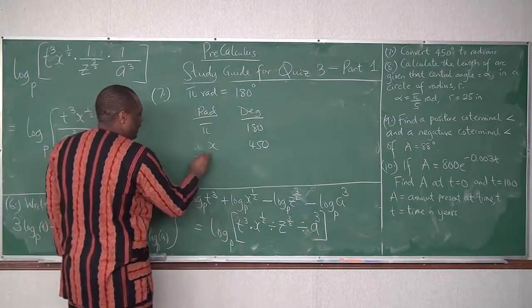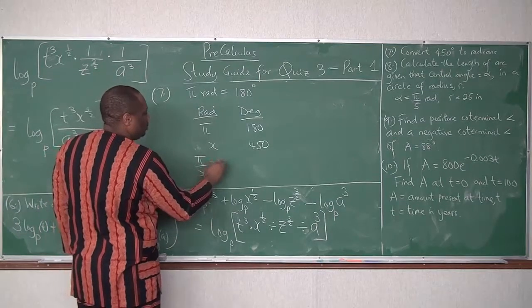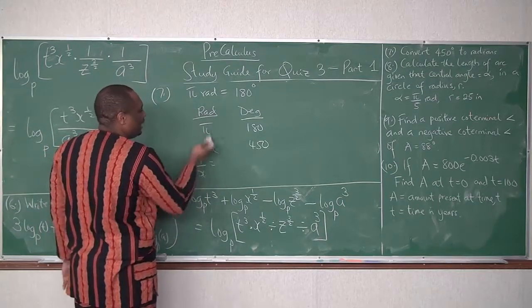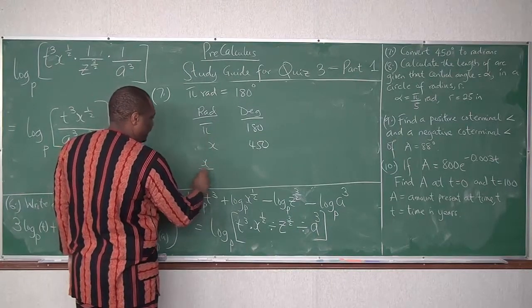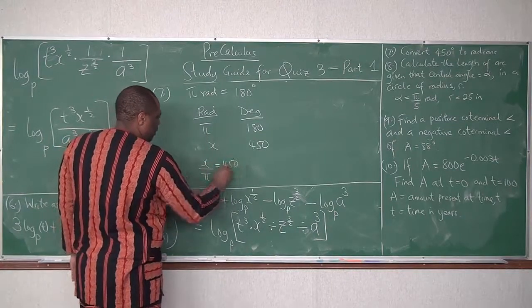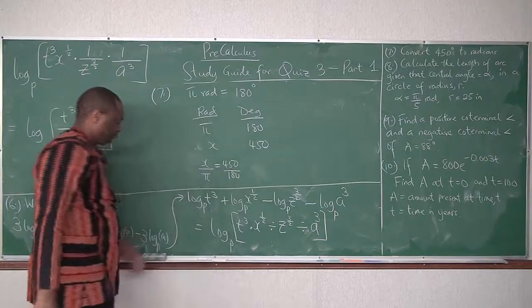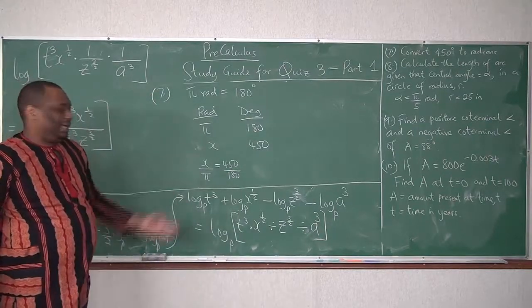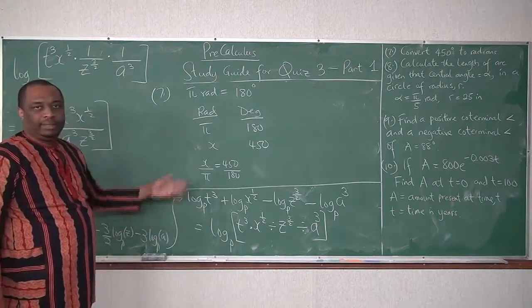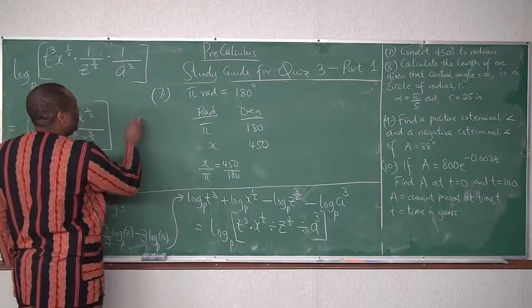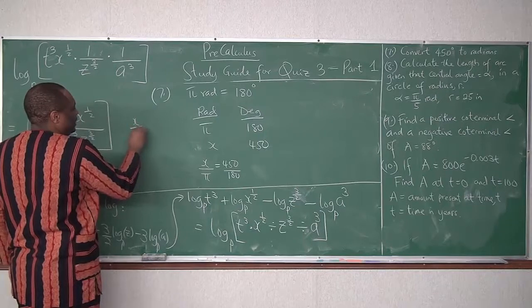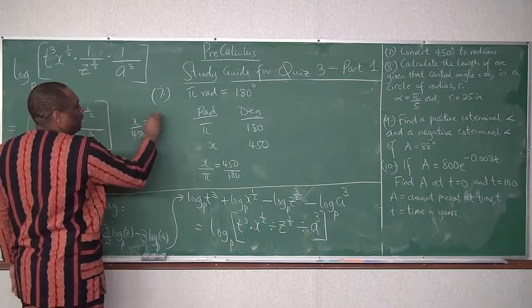Then you can just establish it as a proportion. We see that pi over x is equal to, you can just write it as x over, because it will be easier for us this way. x over pi equal to 450 over 180. This is one way to write it as a proportion. Another way, you can have x over 450 equal to pi over 180.